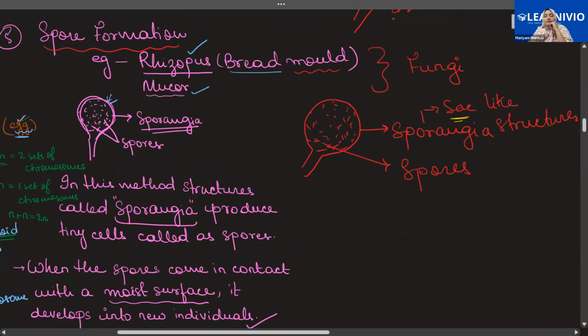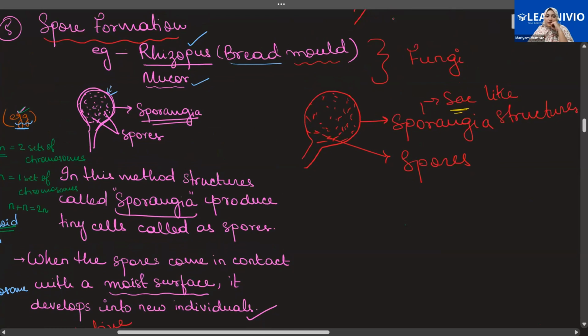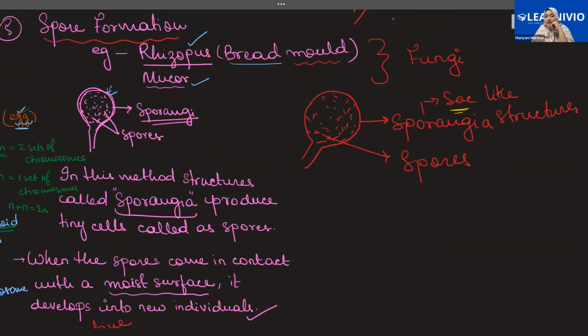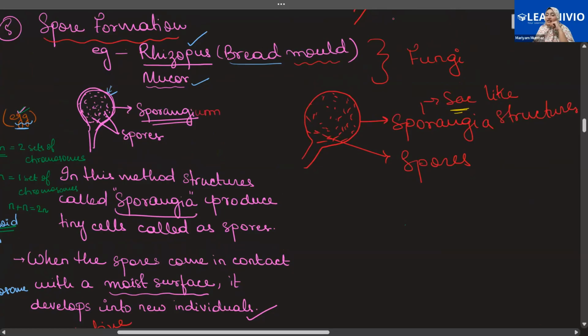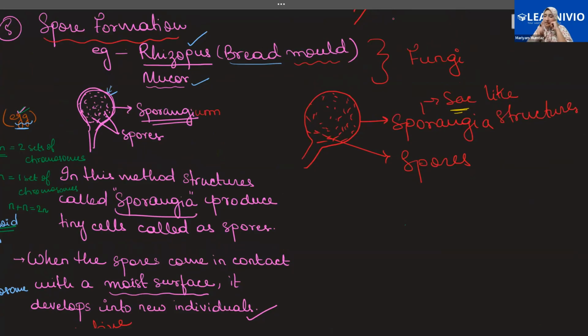But one more thing, students, there is a difference. Here I am showing one, so it will be sporangium. And when I say sporangia, that means plural. Always remember in biology, words that end in um, like bacterium, flagellum, sporangium, are usually singular.